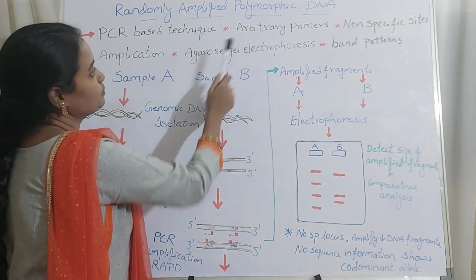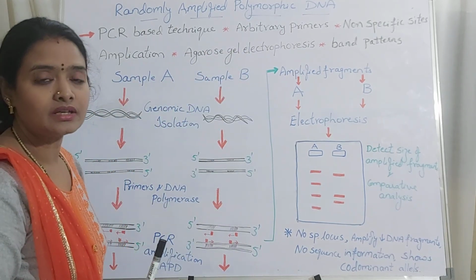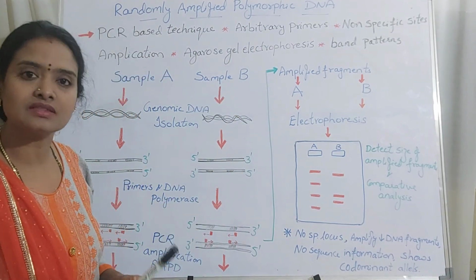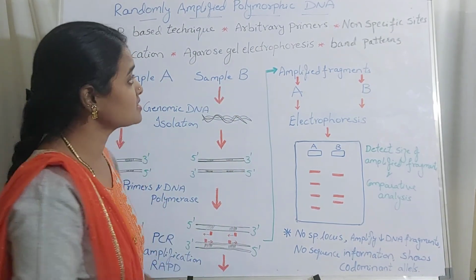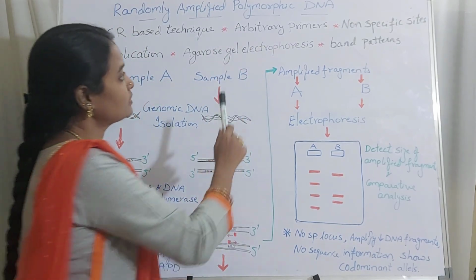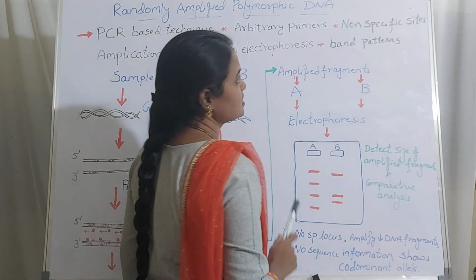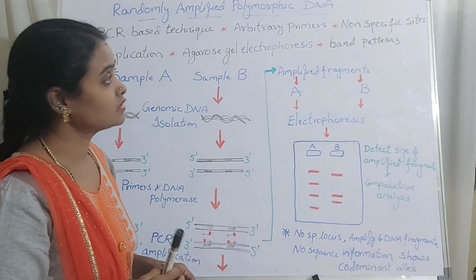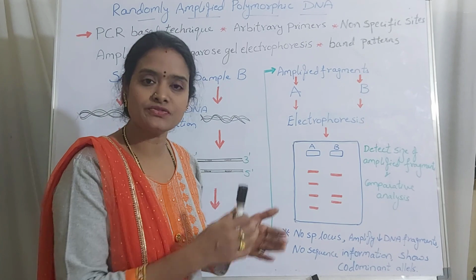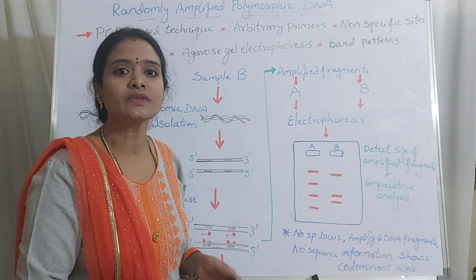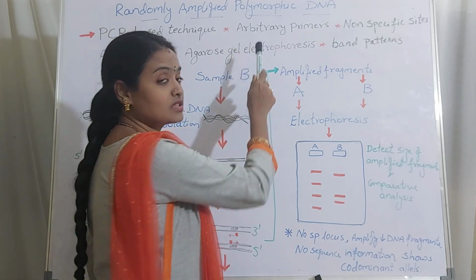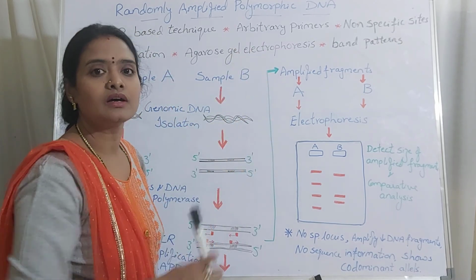The second point is that it uses arbitrary primers. These are small synthetic primers which are prepared, right? Then another thing is that they do not require specific sites. In other techniques you produce primers complementary to a specific site, whereas here the arbitrary or synthetic primers are randomly prepared.